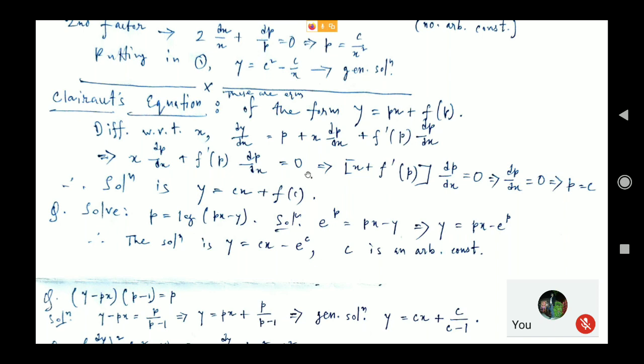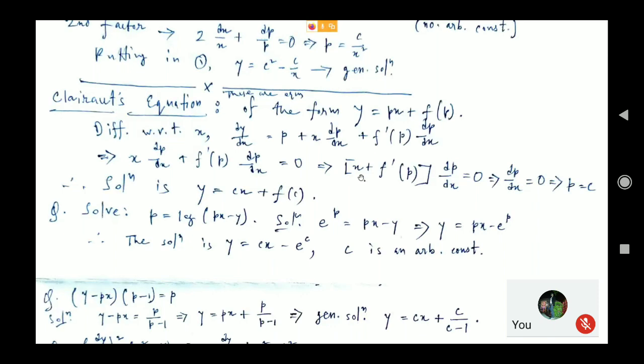We have this expression. Now if you take dp by dx common, then we are having x plus f dash p into dp by dx equal to 0. From that we are writing dp by dx equal to 0. And so by integrating this, we have p equal to c.